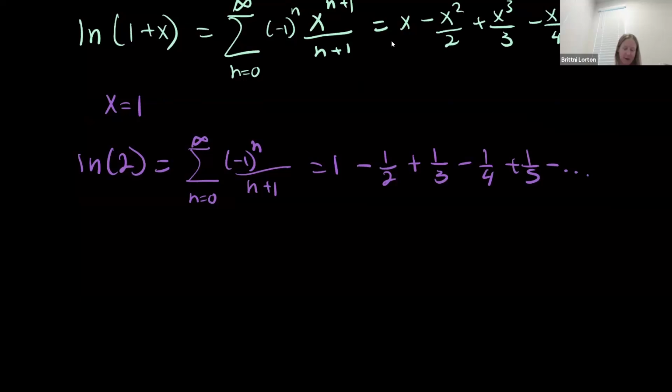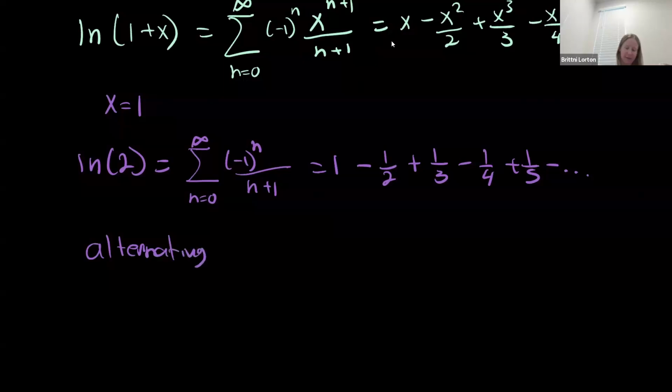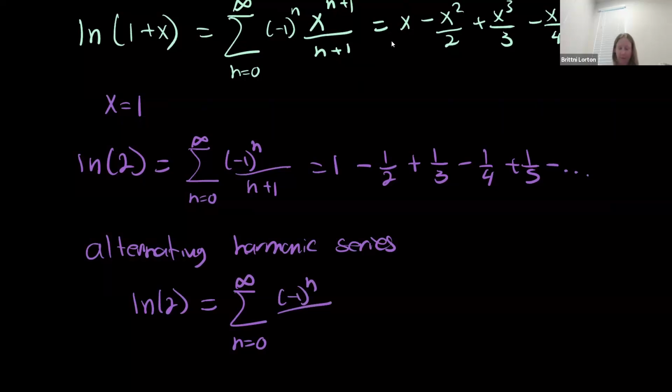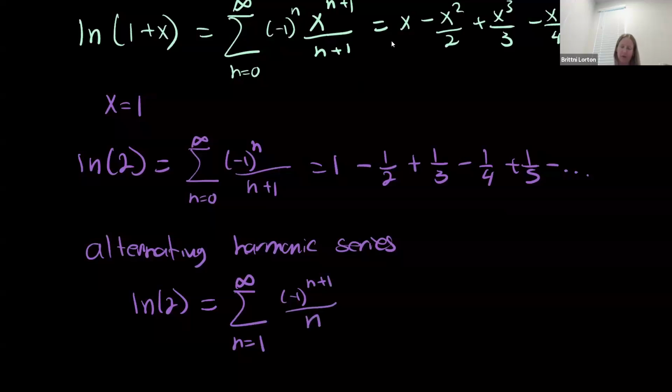So now we know, let's write this down, that for our alternating harmonic series we have a value: ln of 2 is equal to the sum. You can write that as the sum from n equals 0 to infinity of -1 to the n over n plus 1, and that's fine. Or you can do some reindexing. The way we typically wrote the alternating harmonic series in the past was the sum from n equals 1 to infinity of -1 to the n plus 1 over n.